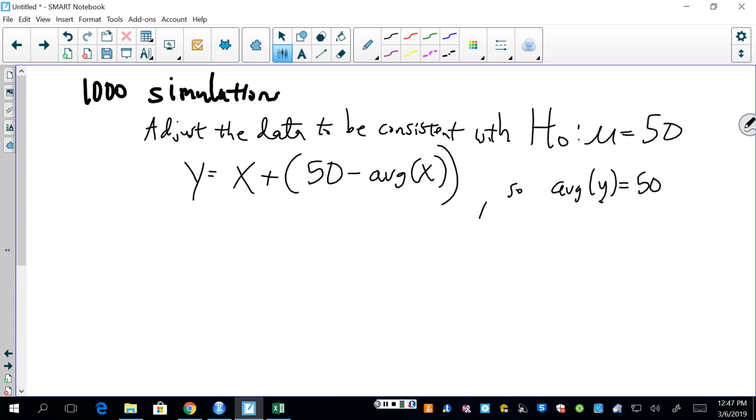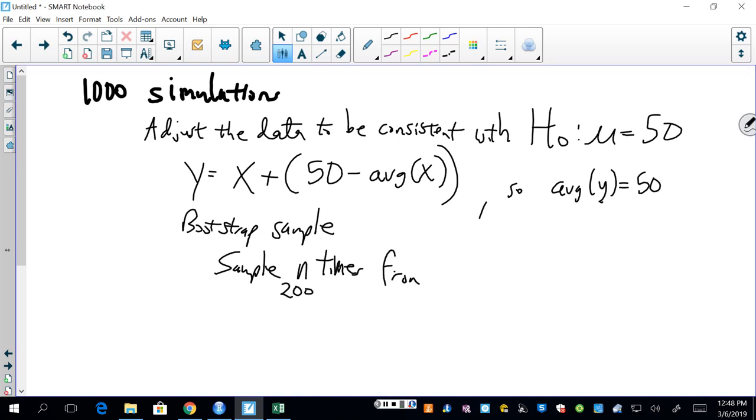And then we took a bootstrap sample. We sample n times, it's 200 in this case, from our 200 adjusted ages to be consistent with the null hypothesis.